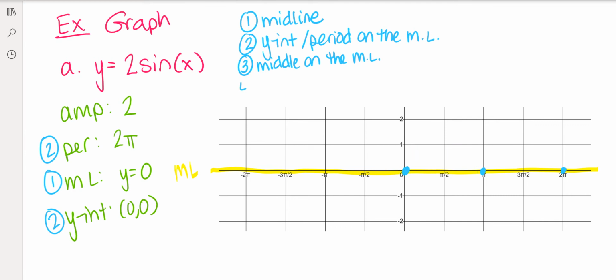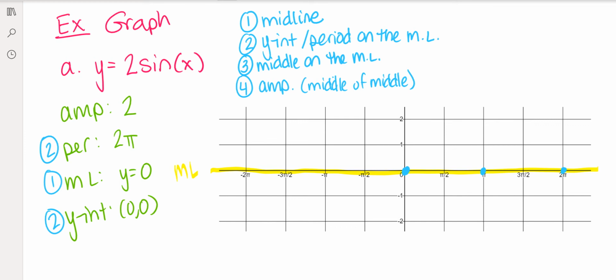Now the fourth thing you're going to do is the amplitudes. And we need to remember these are the middles again. Middle of middle. However you guys want to word that, whatever works best for you. We need to remember that they are the radius. The radius is 2. It is the distance from the midline.